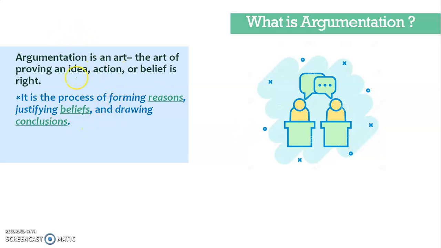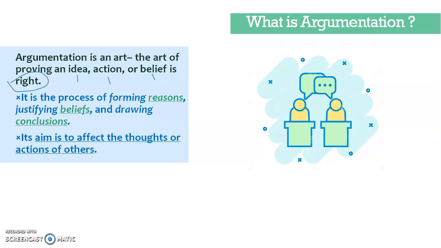That is, if you have a certain idea or action or belief, you have to give reasons to prove this is right. You have to justify and explain why it's right and conclude what action you would like to be taken based on your argument. Therefore, the aim of argumentation is to affect the thoughts or actions of others.